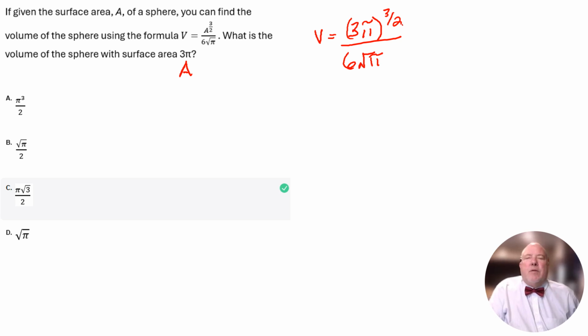Okay, so let's talk about the exponents up here. In a fractional exponent, the numerator is like a regular exponent. So this is like 3 pi to the third power, so 3 pi times 3 pi times 3 pi. The denominator is the square root.